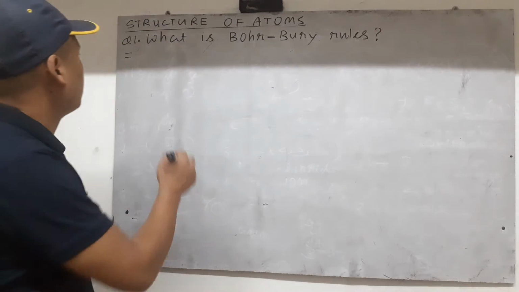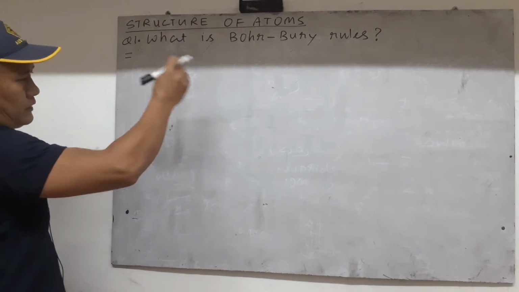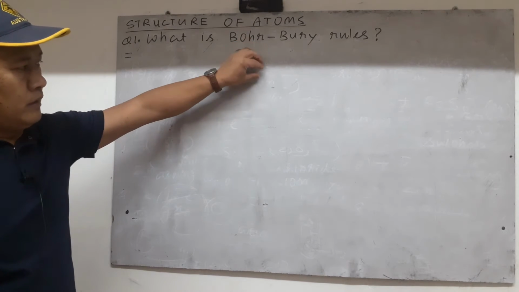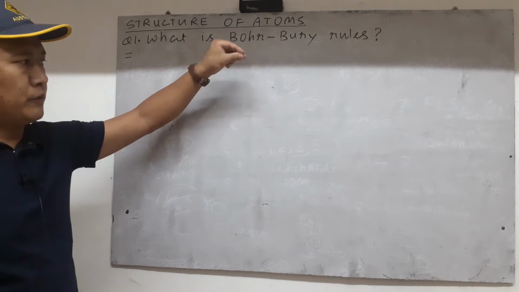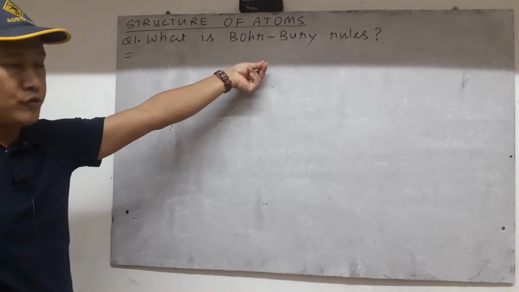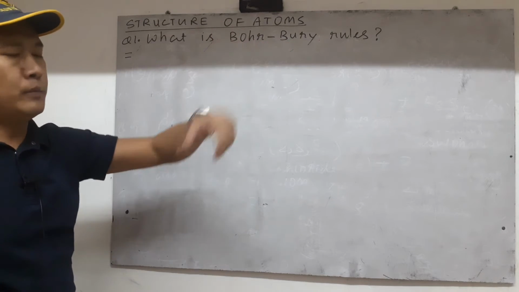This Bohr-Bury rule especially tells us how electrons are arranged. That means where we would find electrons in an atom, and second, how they are arranged is told by the Bohr-Bury rule.